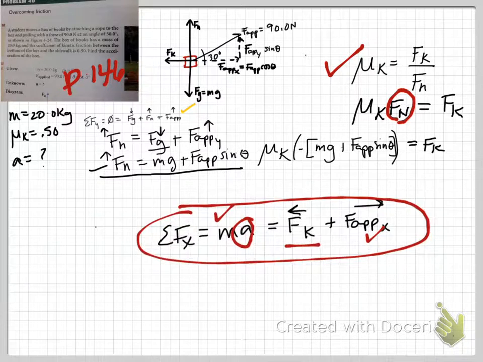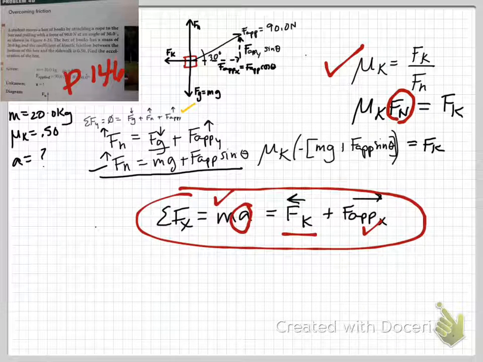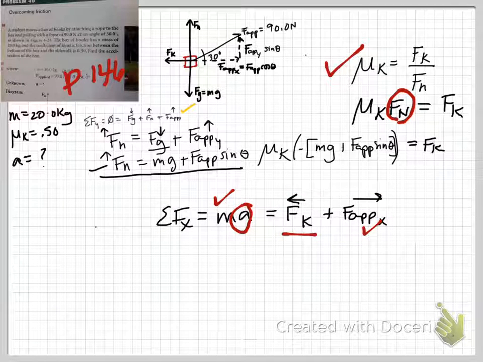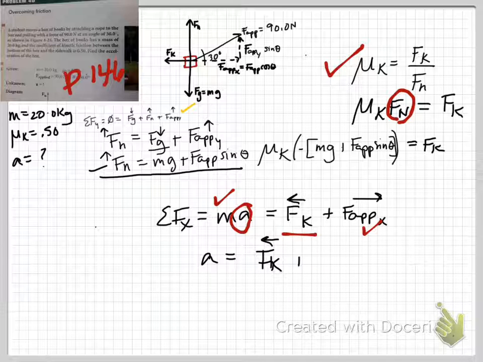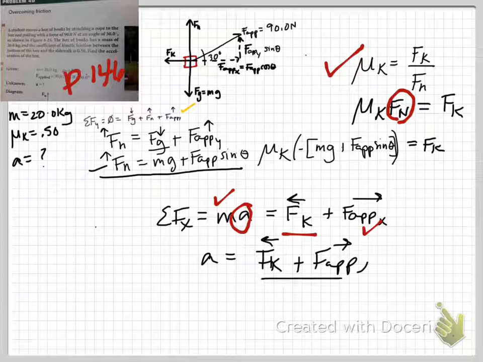And let's go ahead and solve this real quickly for acceleration. Acceleration is going to be equal to fk plus f applied x divided by the mass of the box. Agreed? Okay. Here's the thing that you have to keep in mind.